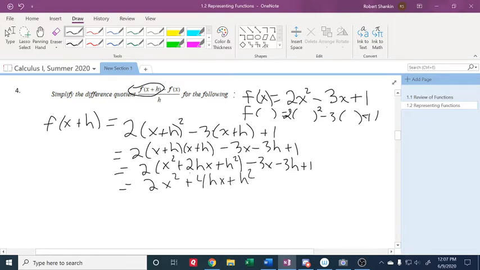Even these little things like the 2hx, I'm careful to always put those in alphabetical order, because I might have like terms that I don't realize are like terms if I didn't put them in alphabetical order, so I always get in that habit.